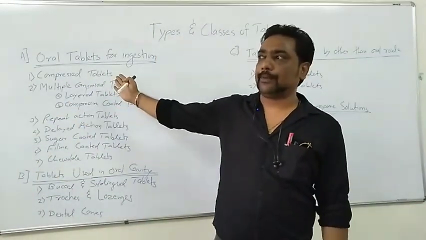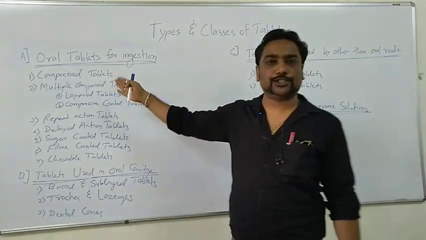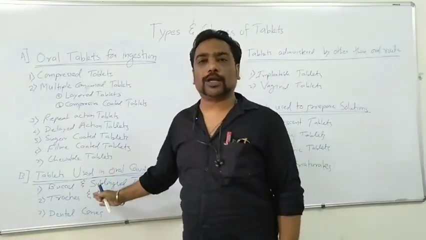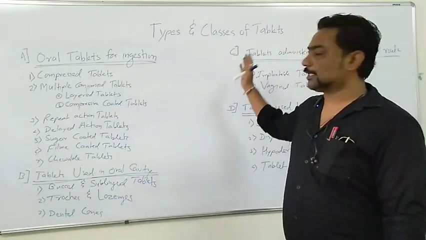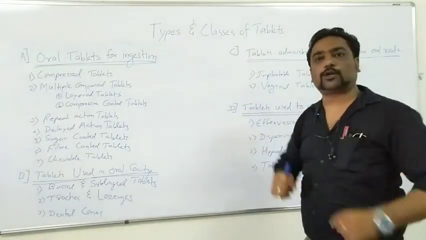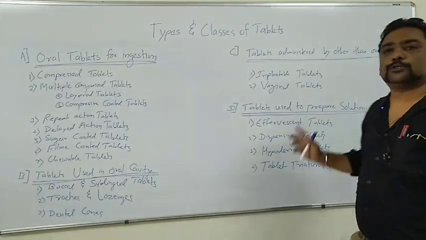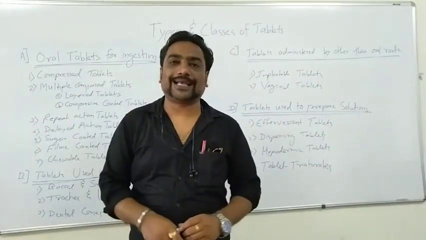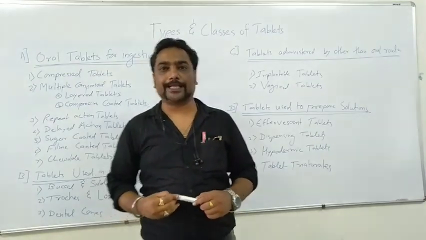First category, tablets which are for the oral ingestion, then the tablets which are administered in the oral cavity, then tablets which are administered by other than oral route, and lastly tablet used to prepare solution. And there are of course some of the subclasses of these four major categories.